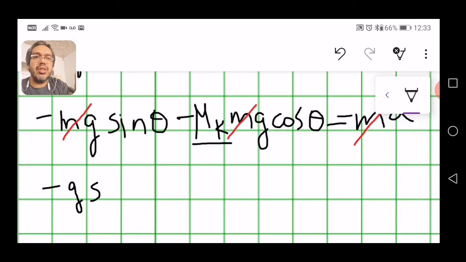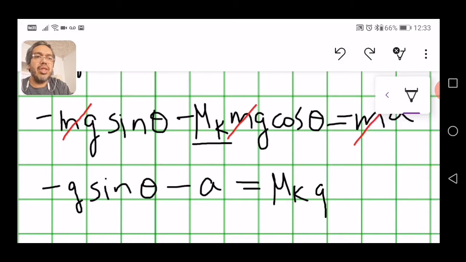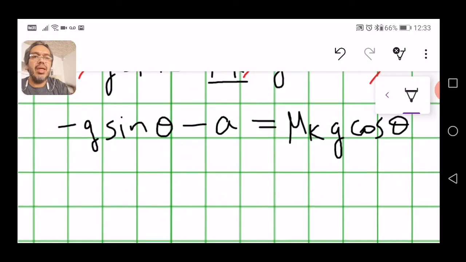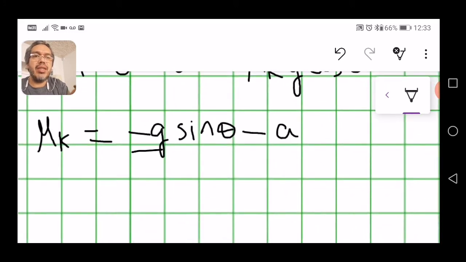Negative g sine of the angle minus a is equal to mu k g cosine of the angle, and so your coefficient mu k is equal to minus g sine of the angle minus a divided by g cosine of the angle.